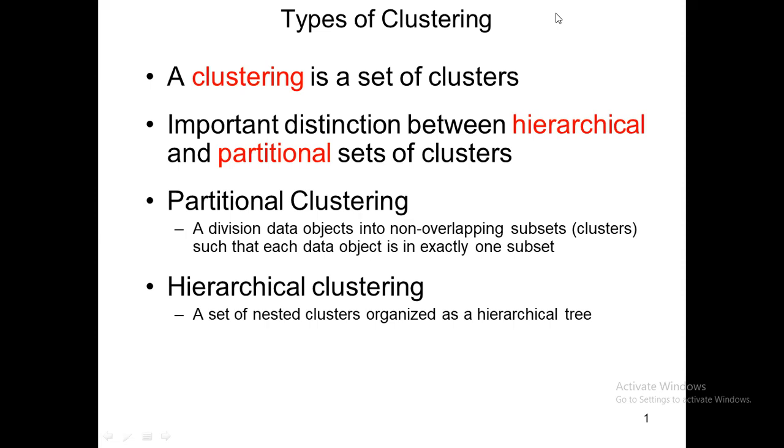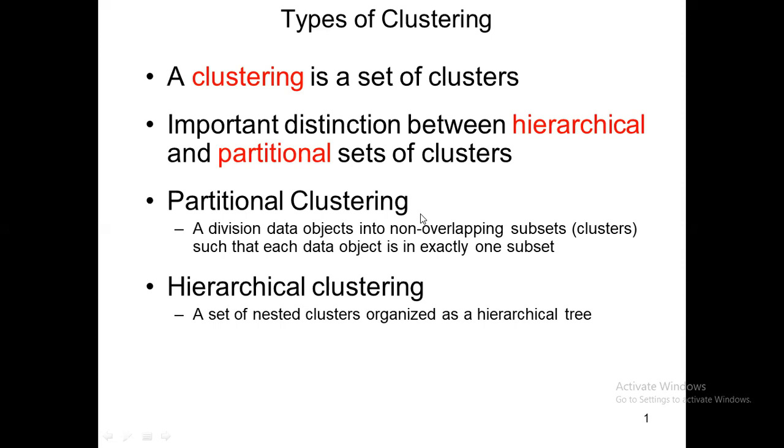Clustering algorithms group data points based on similarity, or you can say proximity. Data points within the same cluster are more similar to each other than to those in other clusters. This is similarity-based grouping.